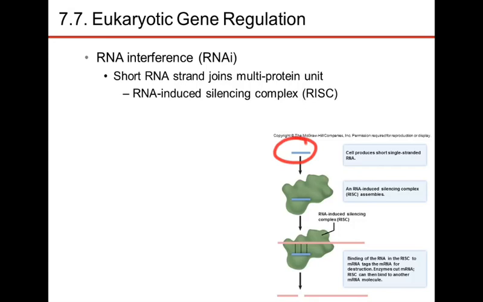Those small RNAs bind to a protein complex called the RNA-induced silencing complex, or RISC for short. Those little RNAs will be bound by this protein complex, and then this protein complex will find messenger RNAs that have sequences matching or homologous to that little short RNA being made inside of the cell.